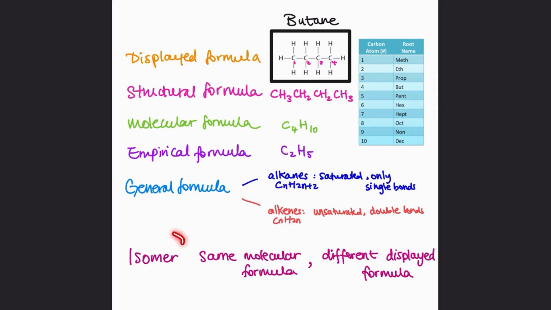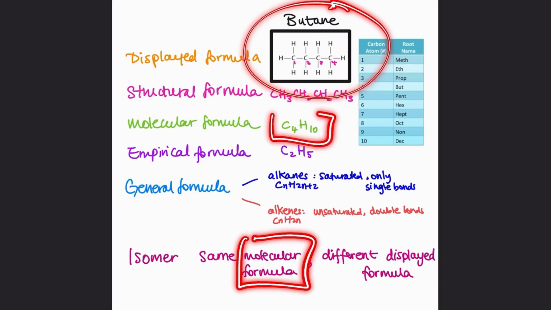Finally, the word isomer is important because they like to test that a lot. Now remember, an isomer is 2 molecules that have the same molecular formula but different displayed formula. So if we use butane as an example, the molecular formula of butane is C4H10. The displayed formula of butane is up here, stretched out like that.